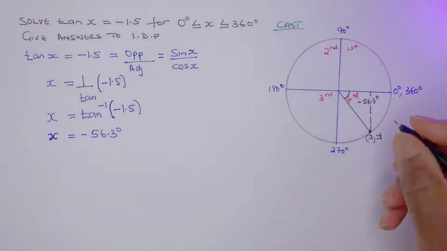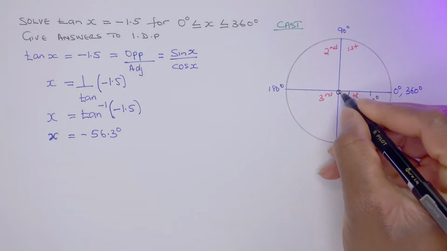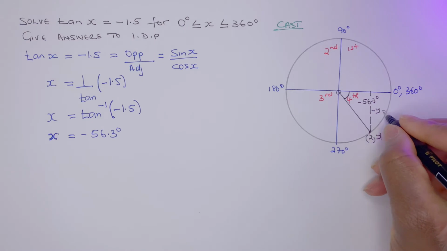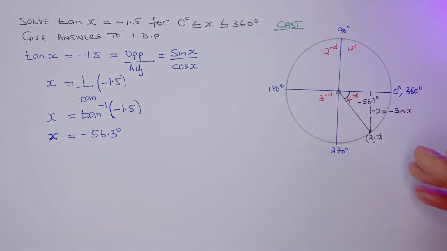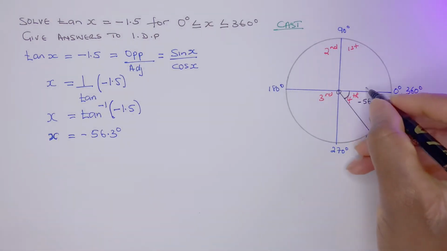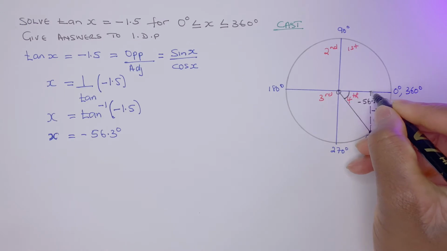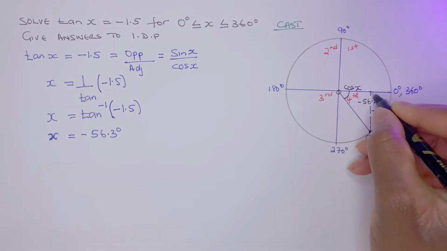so this one is what we called minus y, right? Because it's negative, it's below 0. And minus y is minus sine x, because that's a negative direction. And this one here, the distance from there to there is what we call the cos of x, and that's positive.